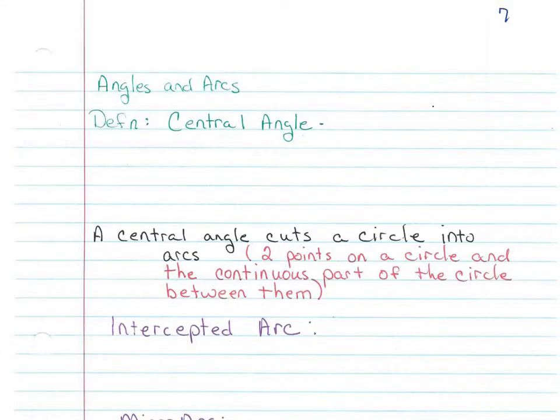Central angle. That's one of the definitions we need to talk about. A central angle is an angle whose vertex is at the center of the circle.